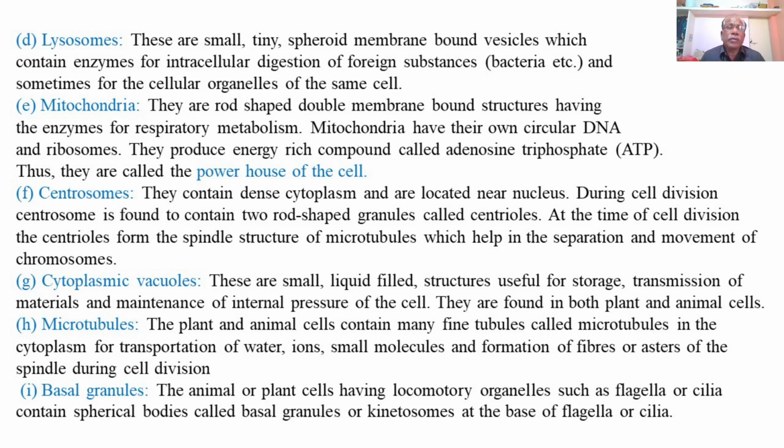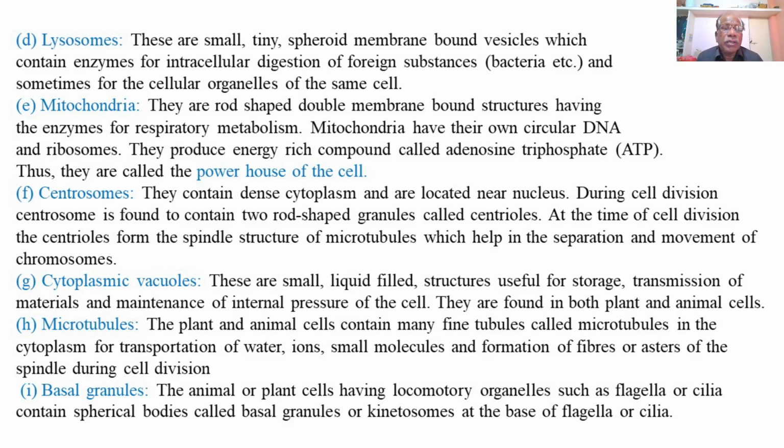Then basal granules. The animal or plant cells having locomotory organelles such as flagella or cilia contain spherical bodies called basal granules, or kinetosomes, at the base of flagella or cilia. Basal granules are present in plant cells or animal cells, from which the cilia or flagella emerge out of the plasma membrane.